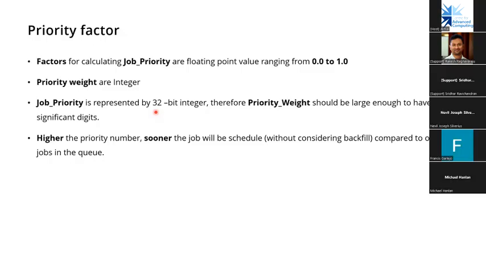That's the major caveat, just to have a larger value so that information is not lost. The higher the priority number, the sooner the job will schedule, ignoring backfill scheduling, compared to the other jobs in the queue.